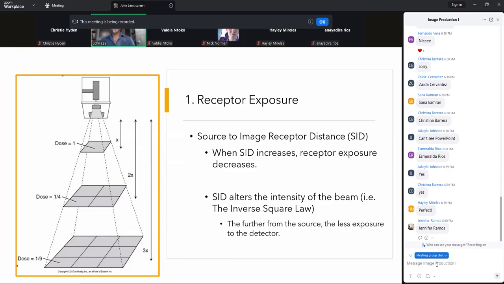Our SID will influence the receptor exposure because of the inverse square law. If we increase our SID, we're going to decrease the amount of radiation that reaches that particular collimated area.